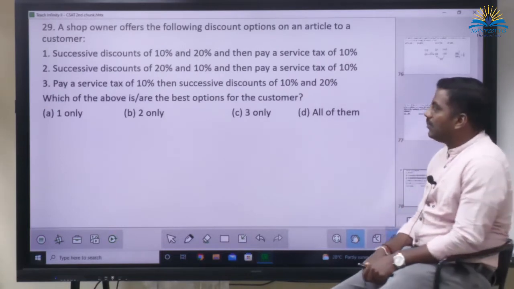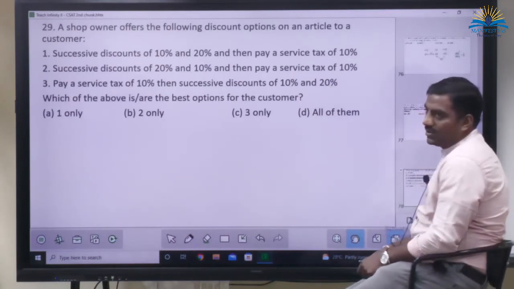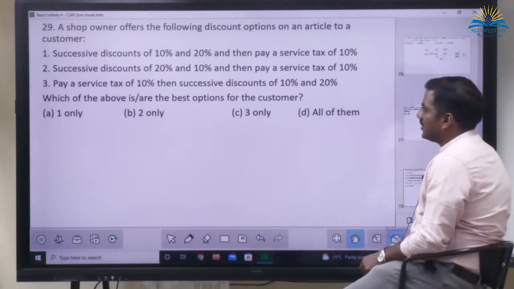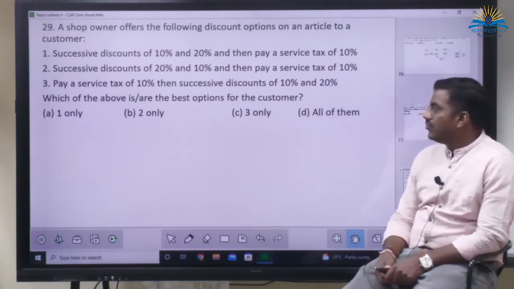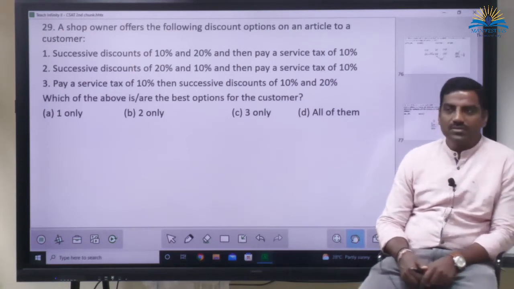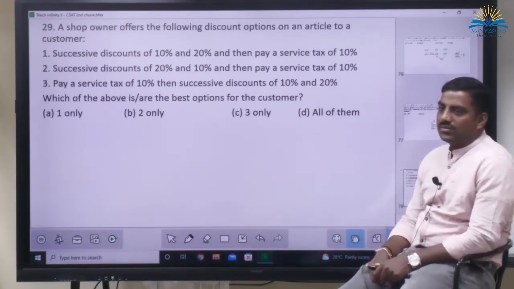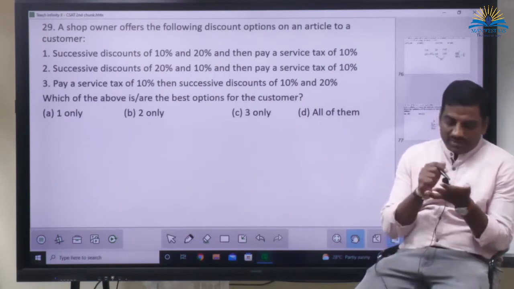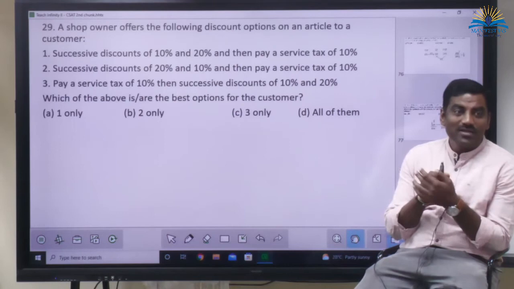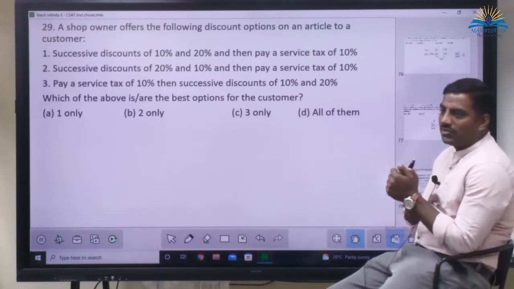Third: pay a service tax of 10%, then the successive discounts of 10% and 20%. Which one is more beneficial for the customer? See, you will not get the answer by doing this 1, 2, 3. Which one?